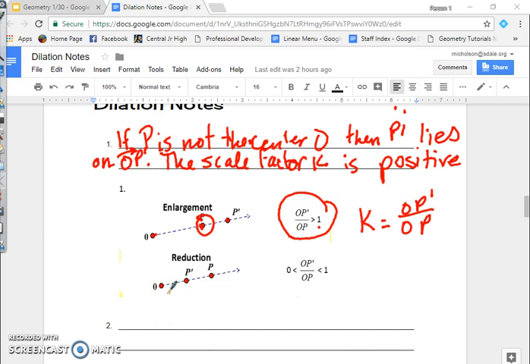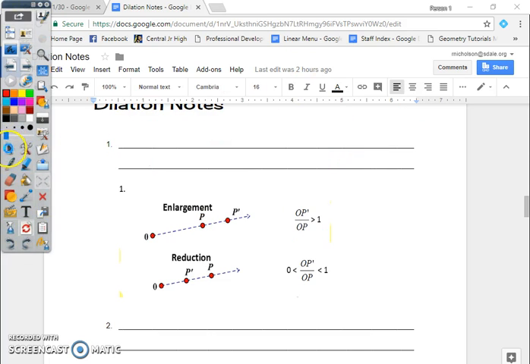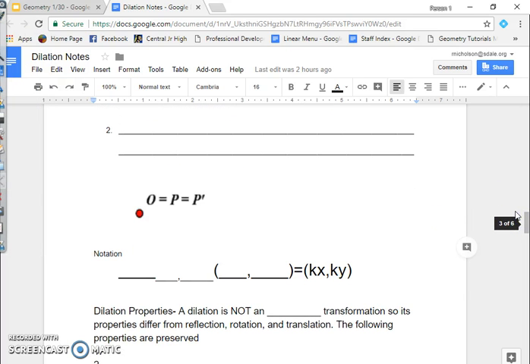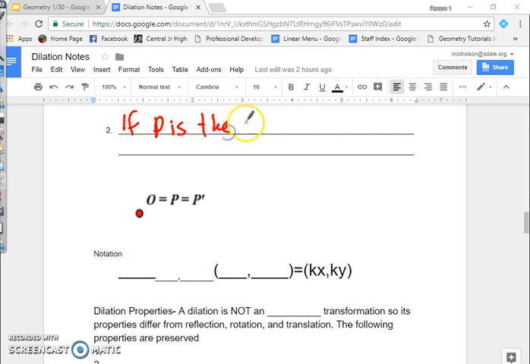Let's look at our second property. So we've already looked at if P is not the center, right? So what's the other option? P is the center. So if P is the center, then P equals P prime.